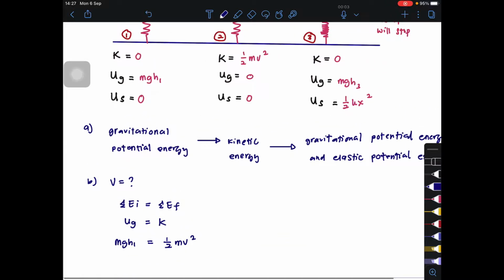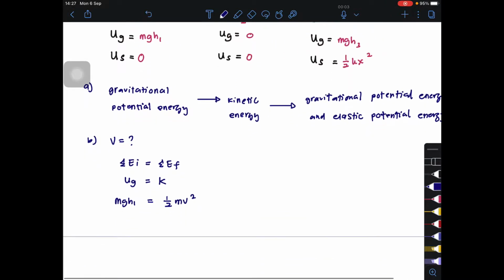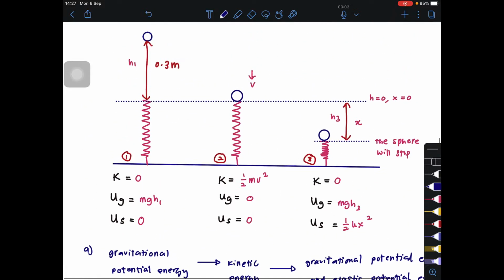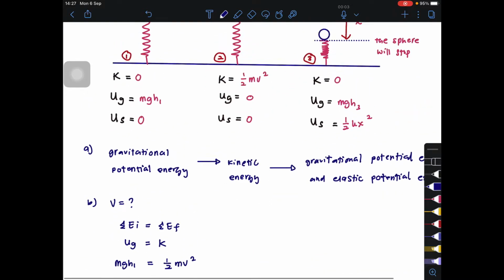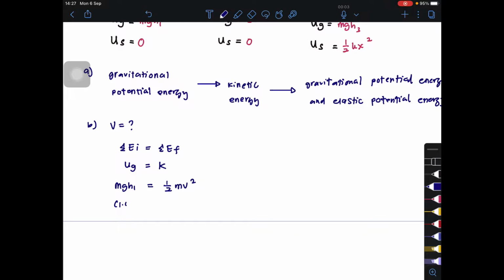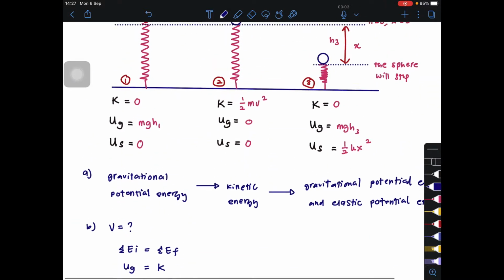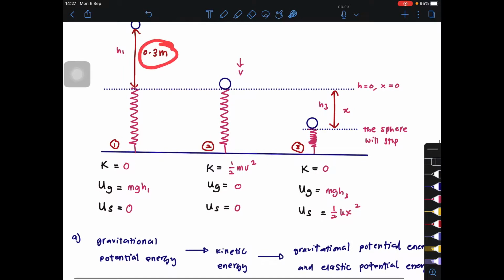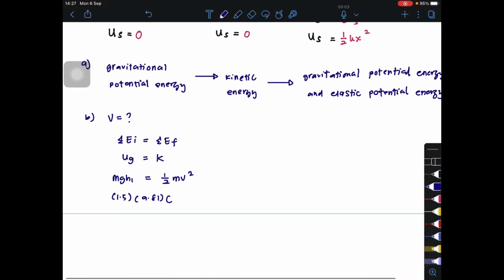Okay, so now masukkanlah kita punya value di sini, di mana mass adalah 1.5, g 9.81, h1 is this one 0.3, sama dengan half 1.5 v square.